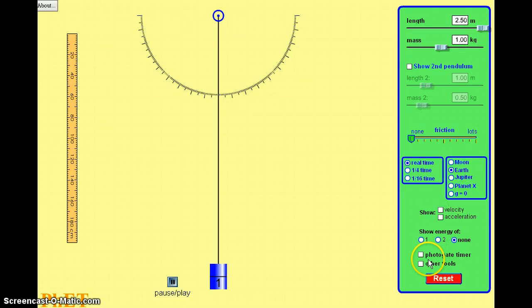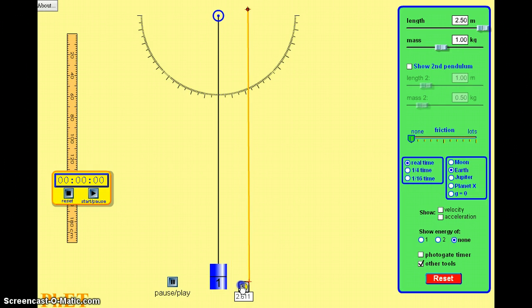However, it is possible with the other tools to use this measuring tape or tape measure, and with the tape measure you can measure the distance between two points. The problem with the tape measure is that it's a little tricky to manipulate and a little fiddly to move up and down. I don't particularly like it that much, but you may find that students opt to do this, and if they do, then they may give you an error of around about 1,000th of a meter.